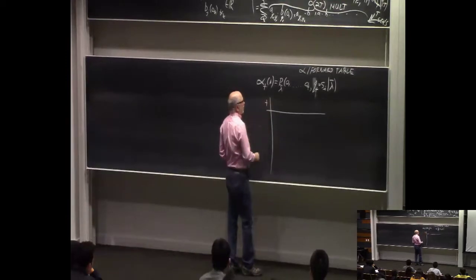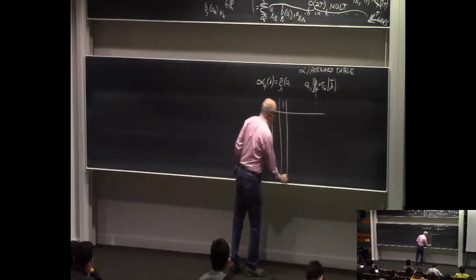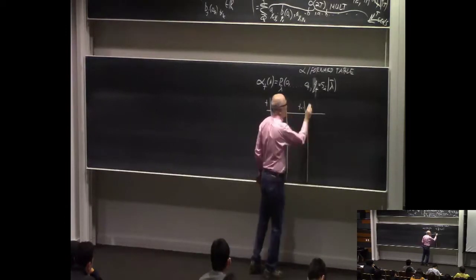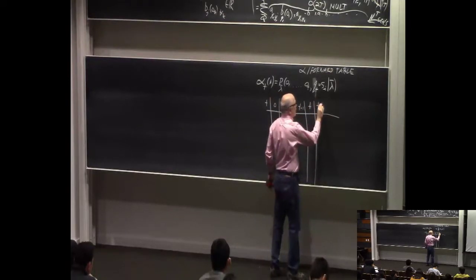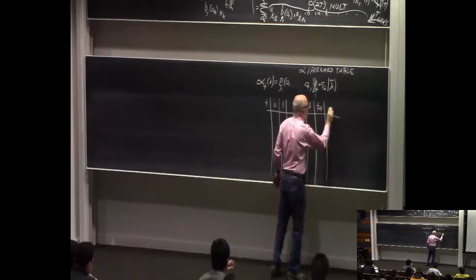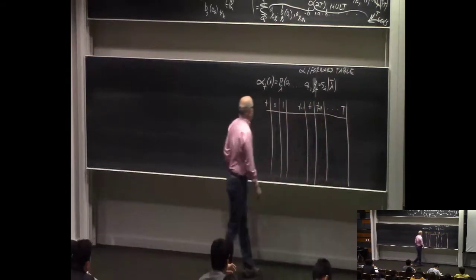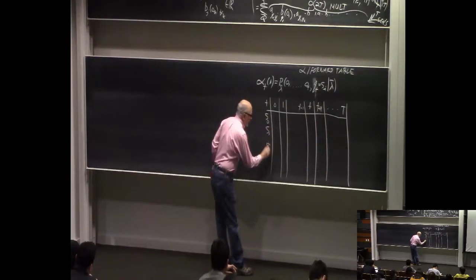Here's t. It's going to start with 0, 1, go to t minus 1, t, t plus 1, all the way to big T. Here are going to be our states. Let's say we start counting from S0, S1. The general case is Si through Sn.